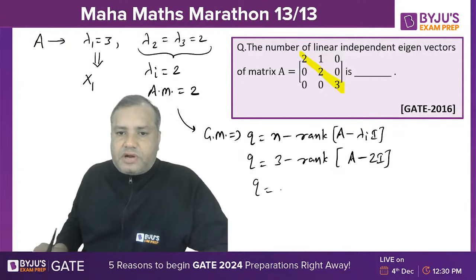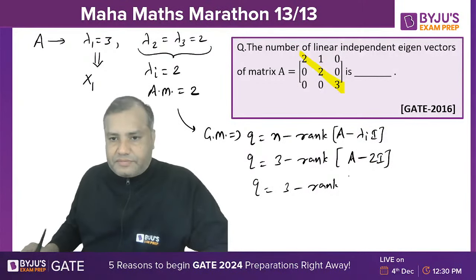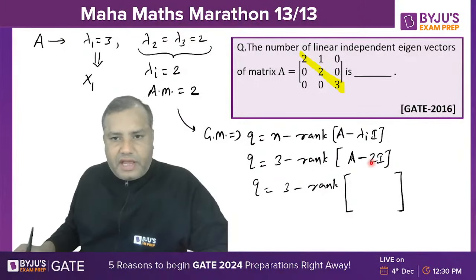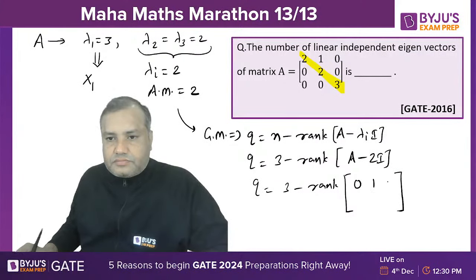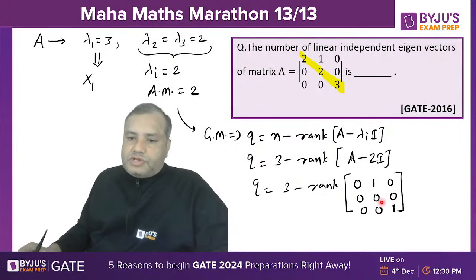I'm giving you a shortcut trick to calculate A minus 2I: just subtract 2 from the diagonal elements of A and keep the remaining elements as they are.